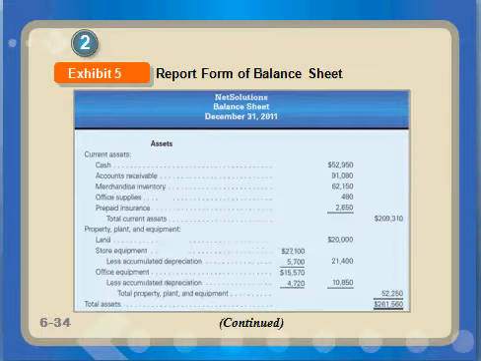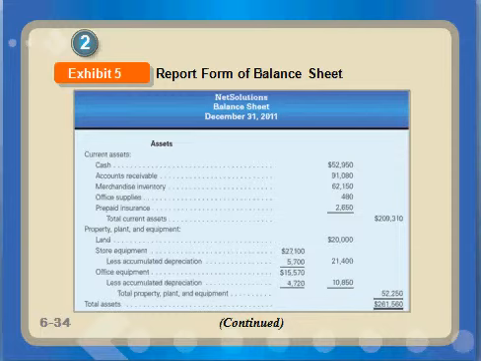And then our balance sheet is pretty much the same as it was in the previous chapters. This is a classified balance sheet, so we have different sections. We take our assets, we break them out into the current assets. That's things that are cash or cash equivalents, things that will be converted to cash within 1 year, 365 days or less. That's our current assets.